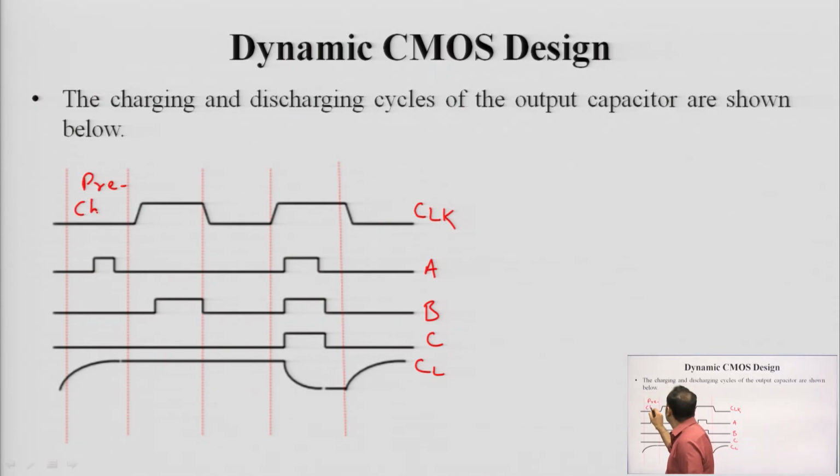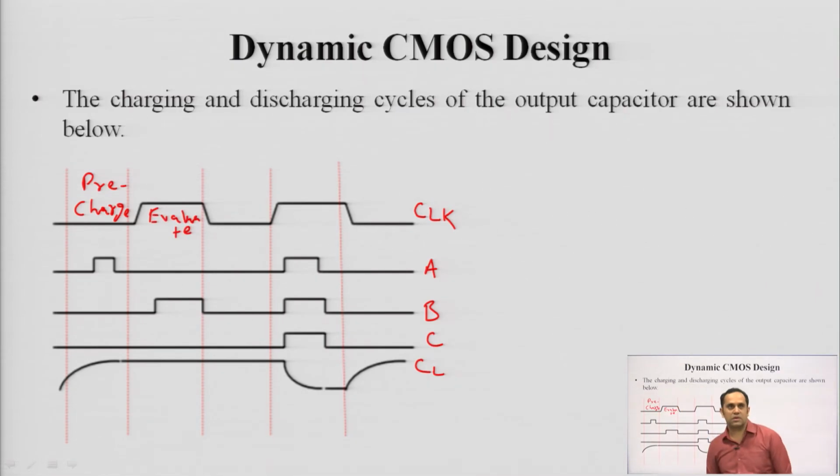Your output, initially at 0, gets charged to VDD. Then when the clock goes high, it starts to evaluate. This is your evaluation stage, and this alternates: again pre-charging, again evaluation, and so on.